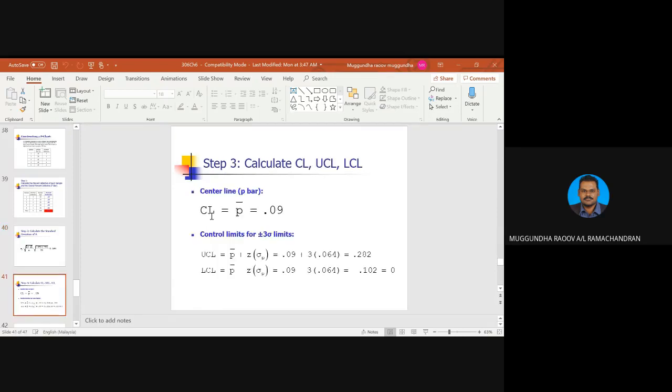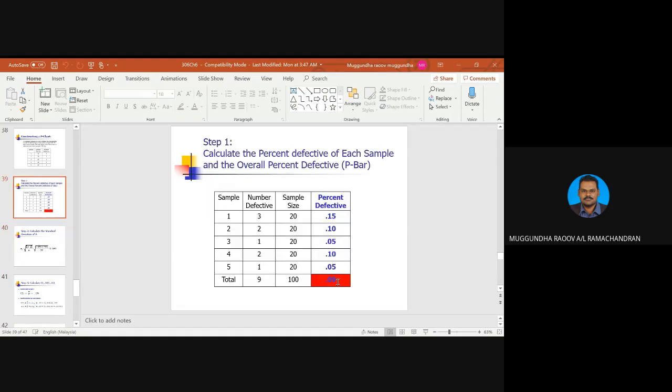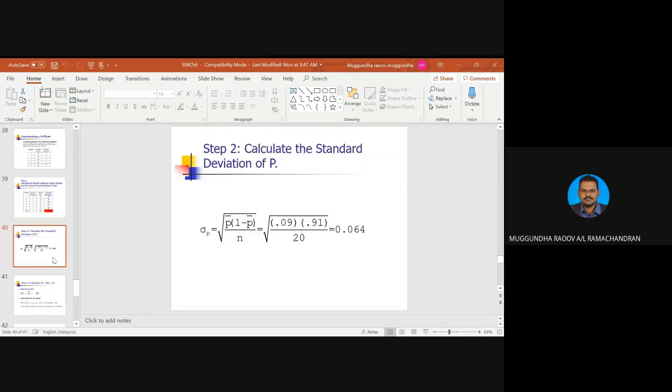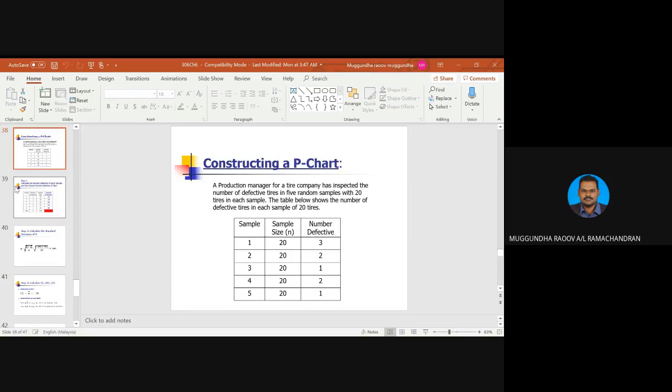Now the central line. The central line is the mean of P. This is the mean, class, not the total. It's a mean of P, which is 0.09. Then the upper control limit and lower control limit: mean of P plus or minus Z standard deviation.